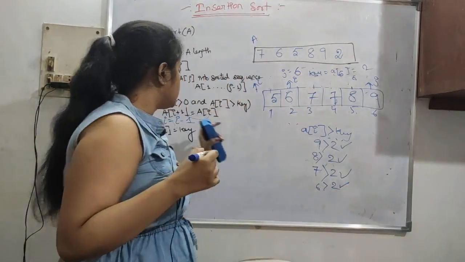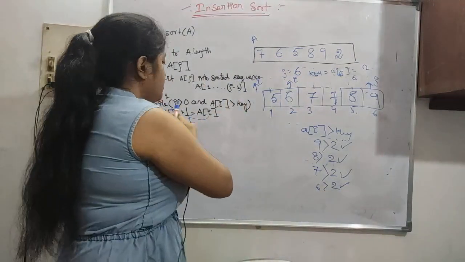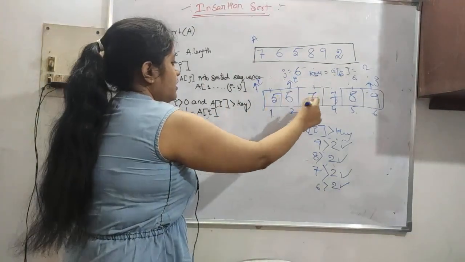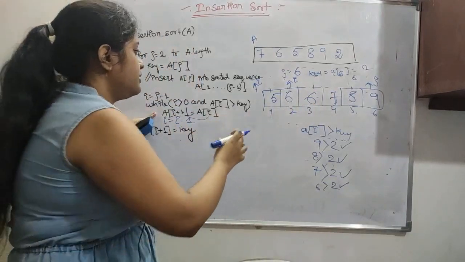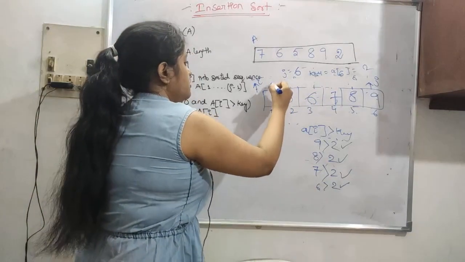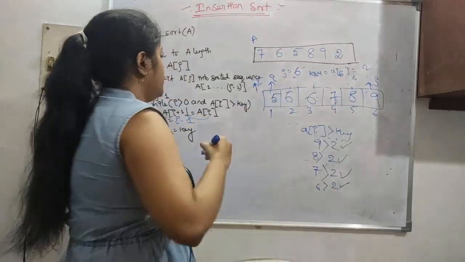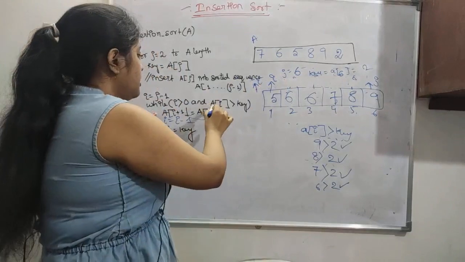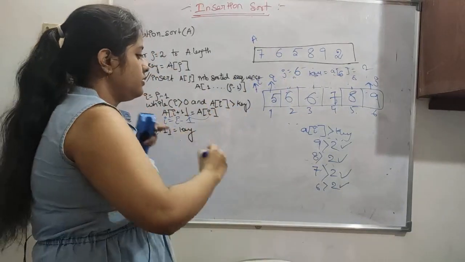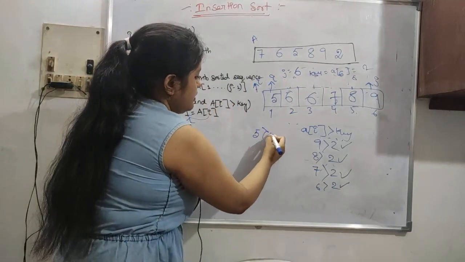Yes, it is true. So what? A of I plus 1 is equal to A of I. So 6 will be put here. So now I is I minus 1. So this is I here. So now again we have to check the condition. I is greater than 0, yes. So A of I, say 5 is greater than 2.